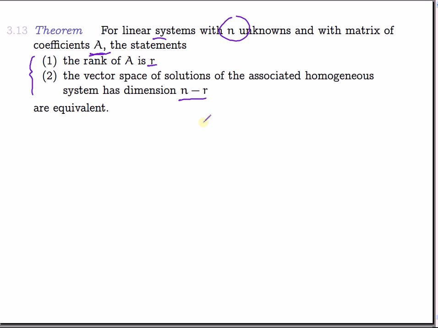So what are we talking about here? Well, let's think of what this means in terms of a reduced echelon form. If the rank of A is R, then I'm going to have R leading entries. And the rest are zeros, you know about that. Okay, so there are leading entries.